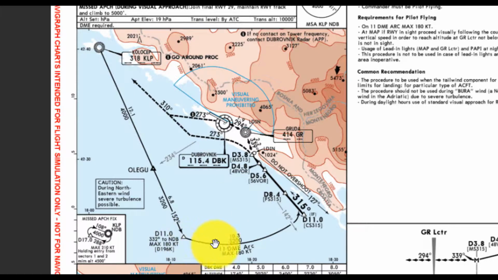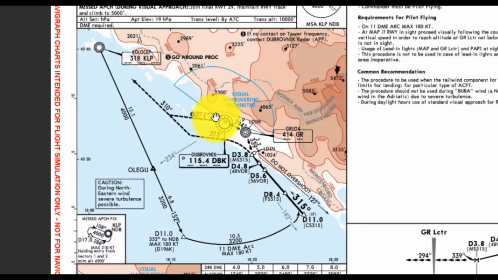We're going to fly this arc until we get to the 142 radial, where we're going to turn inwards on a 315 heading, and then at DME 3.8 we're going to turn right onto a 339 heading, and then visually turn left onto a 294 heading and land on the runway.